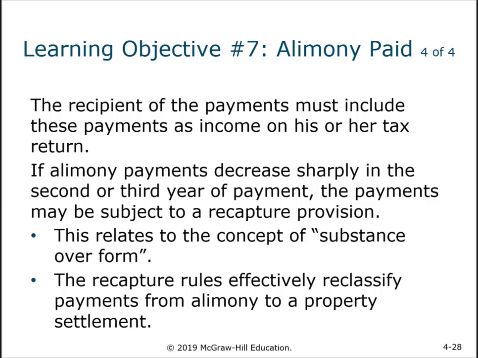The IRS can apply it to old payments from a couple of years ago, because they'll look back and say, oh, well, you paid $100,000 in year one, $50,000 in year two, and now you've been paying $30,000 for the last 3 years. We think that extra in the first couple of years was actually a property settlement, and it's not deductible after all. And you have to go back and fix your returns and pay us the interest for trying to cheat.